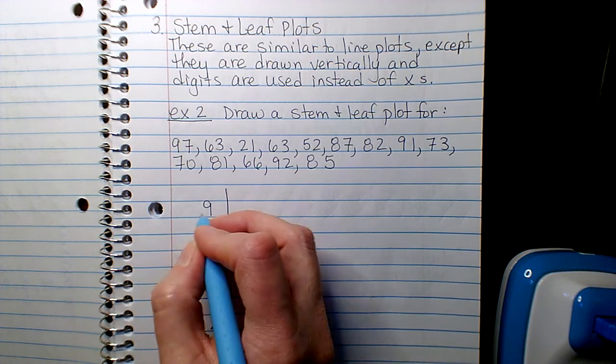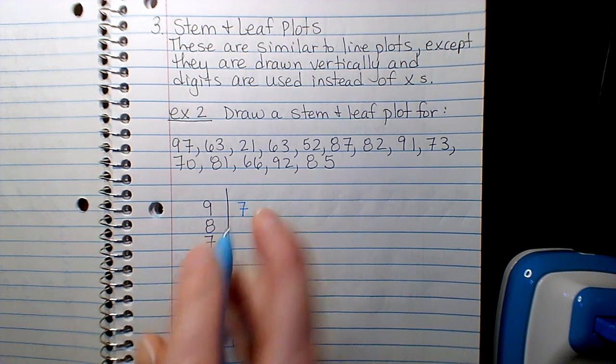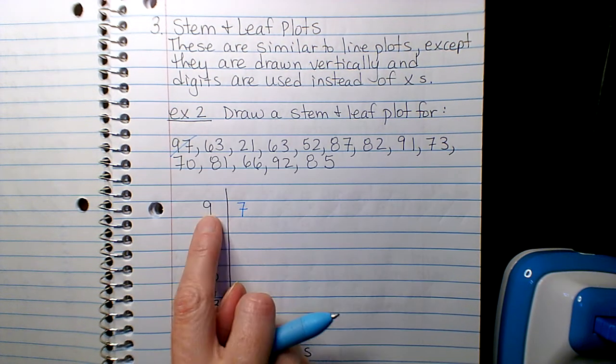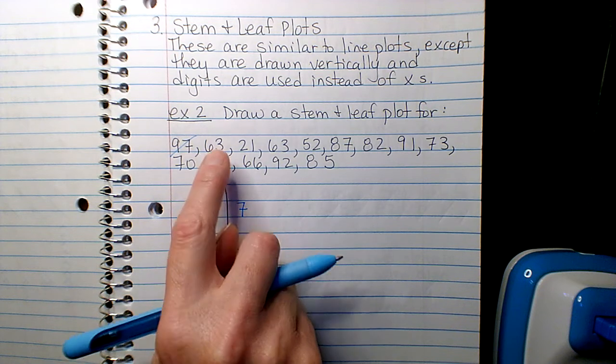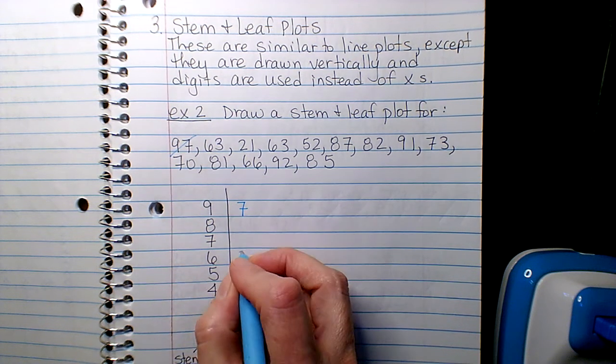So 97, the 9's right here, so that means my 7's going to go with that 9. That's the number 97. 63, so there's the 6.